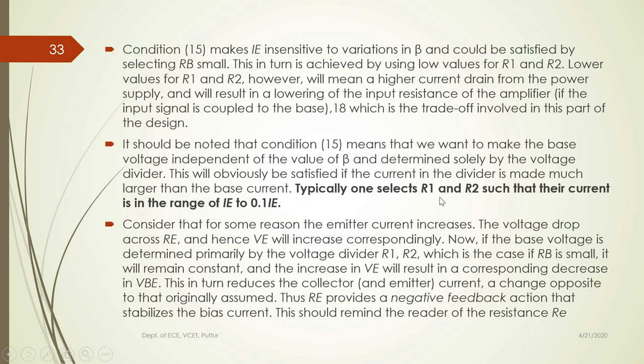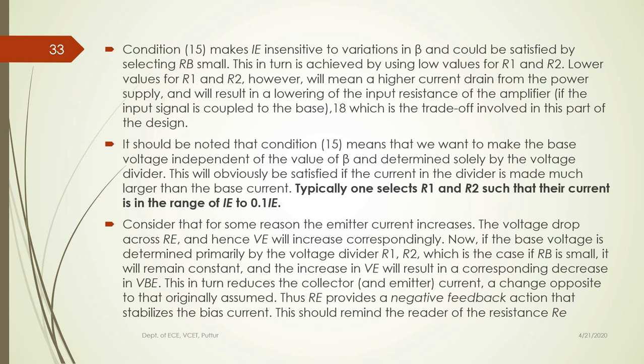Typically, one selects R1 and R2 such that the potential divider current is in the range of IE to 0.1 IE. So consider that for some reason the emitter current increases. If the emitter current increases, the drop across RE, and hence VE, will increase accordingly.